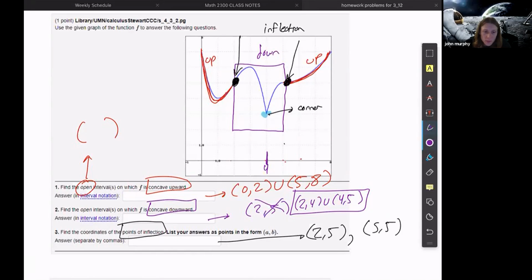Yeah. Let me just see if it will take mine. This is definitely correct. Yeah, that worked for me.